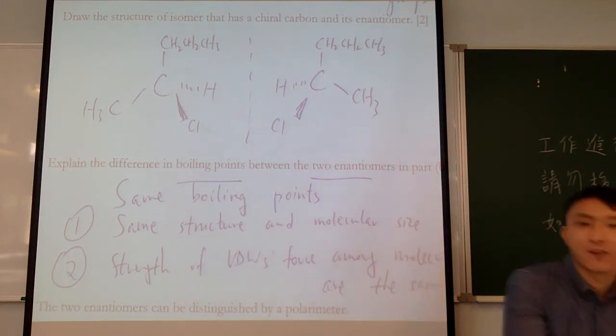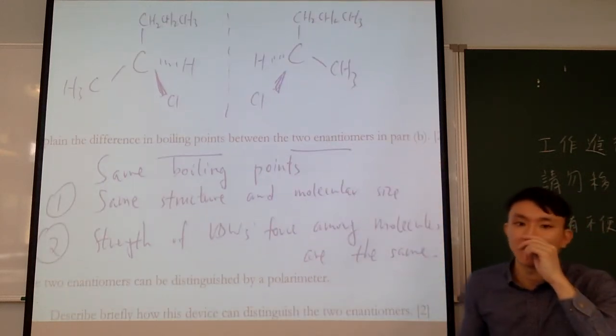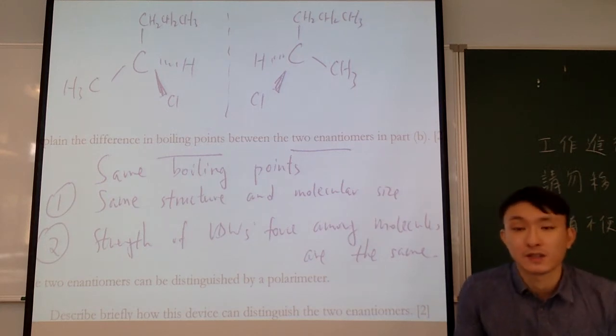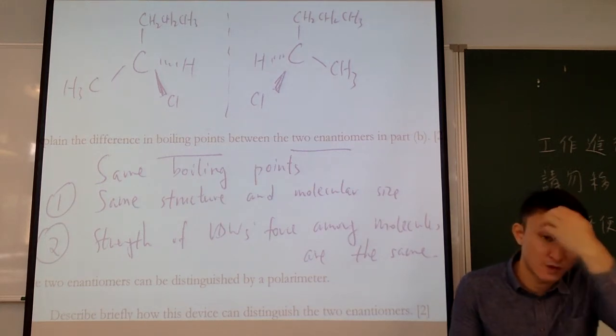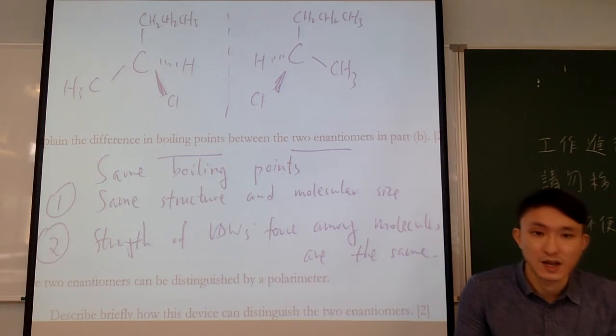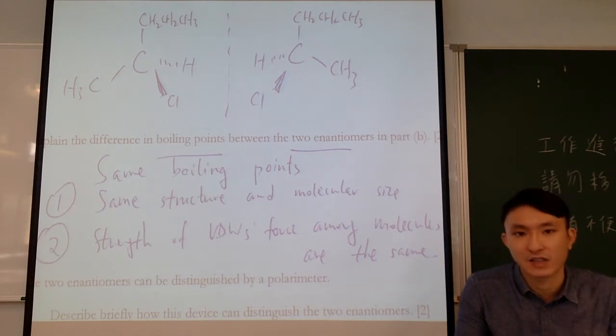So again, whenever they talk about the physical property like boiling point, melting point, you need to talk about the strength of intermolecular force, in this case the van der Waals force, because they have the same structure and the same molecular size. So their strength of van der Waals force has to be the same. So this is how you explain it this way.